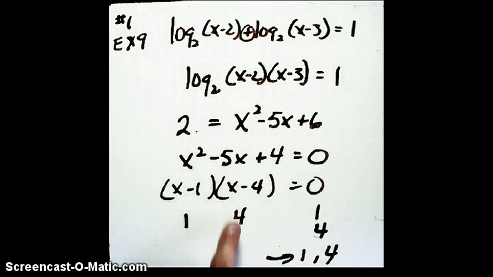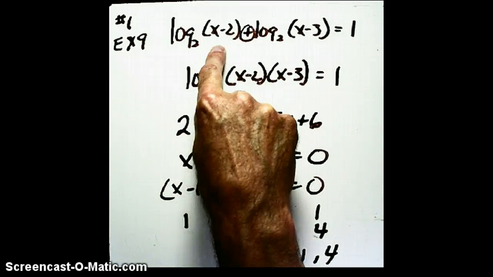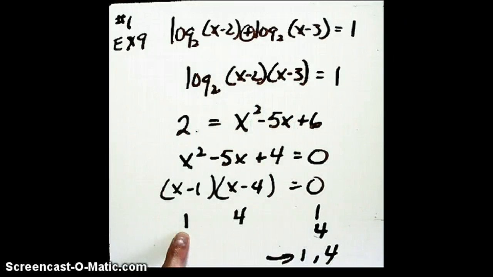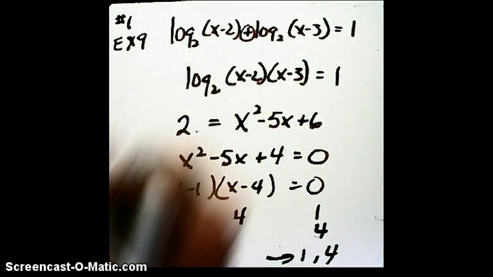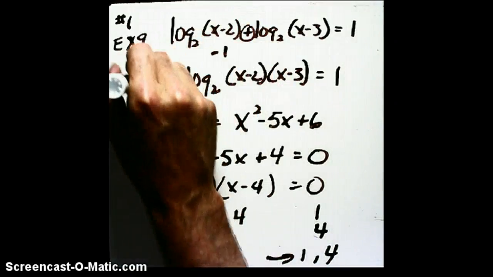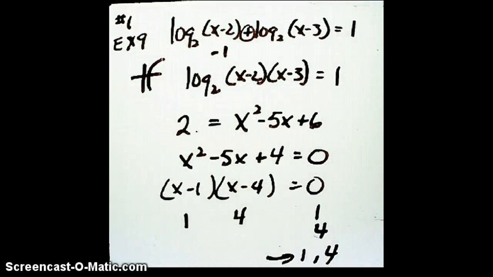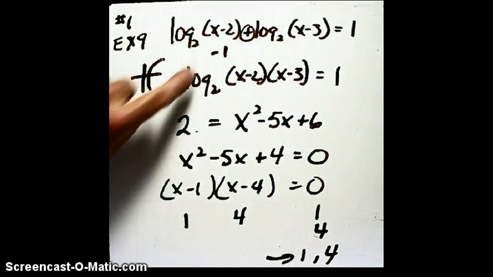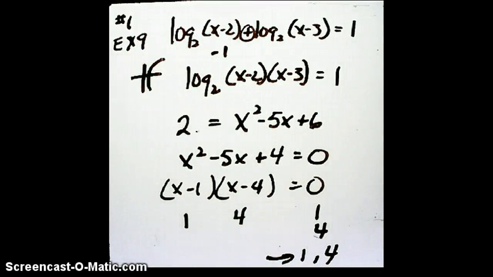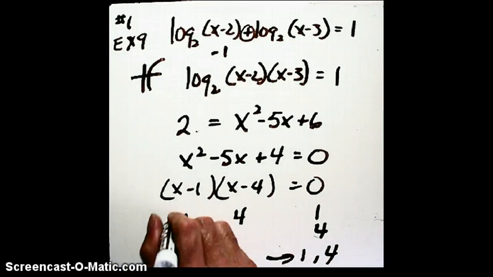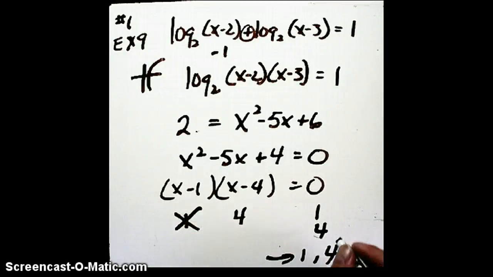That's okay. Put the 4 in here. That gives me a 2, that's okay. But if I put this 1 in here, I'm going to have a negative 1. And remember, the log graph does not even touch the y-axis. You can't have a negative in the domain of a log function. That is called an extraneous answer. So answer choice 4 would be the correct answer.